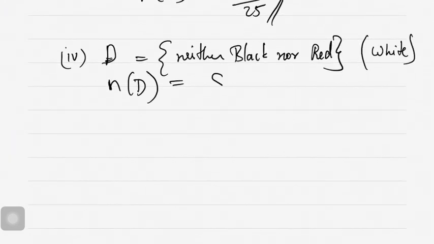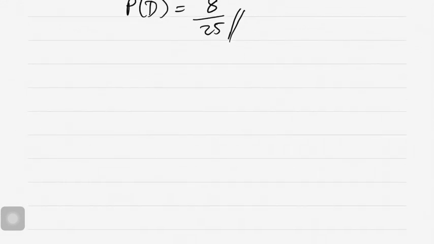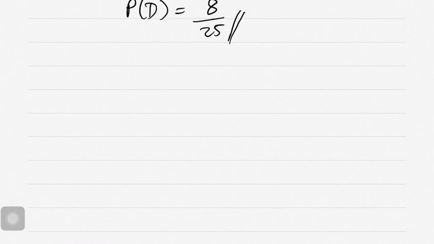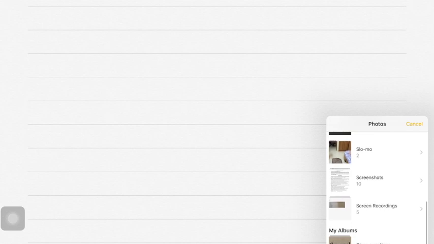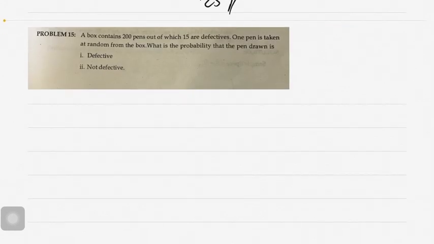There were 8 white balls. So P of D is equal to 8 by 25. Okay. Very simple. Let's solve the next question. This is the last question for the day.